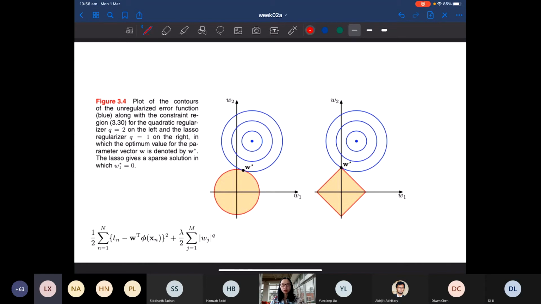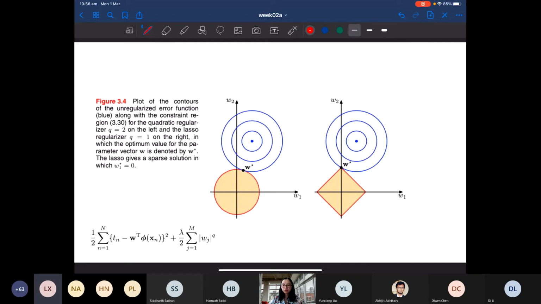So for the L2 regularization on the left, W star tends to be a point that's not sparse, in a sense. It's hard to line up the two surfaces so that they're touching exactly at one of the axes intersections.